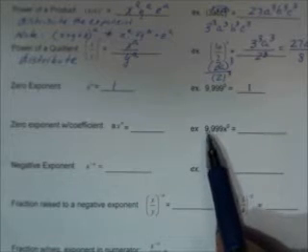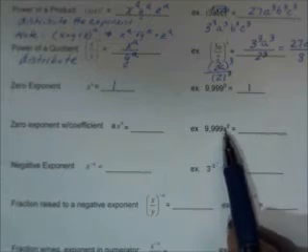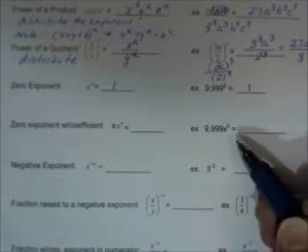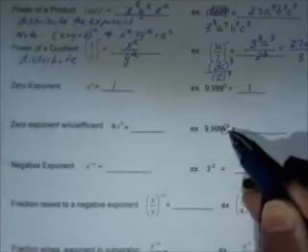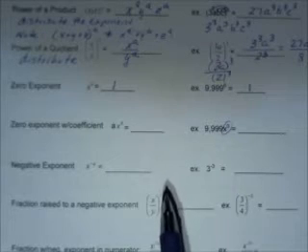Next, the 0 exponent with a coefficient. Okay? Look at the example. We have 9,999 times x to the 0. Now it's only the x that has an exponent of 0. The 9,999 does not.